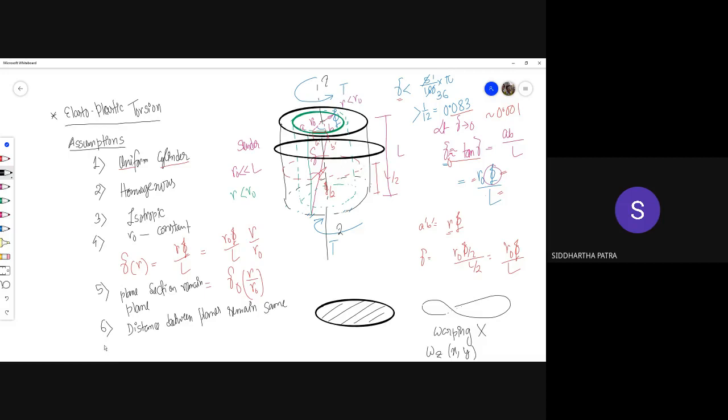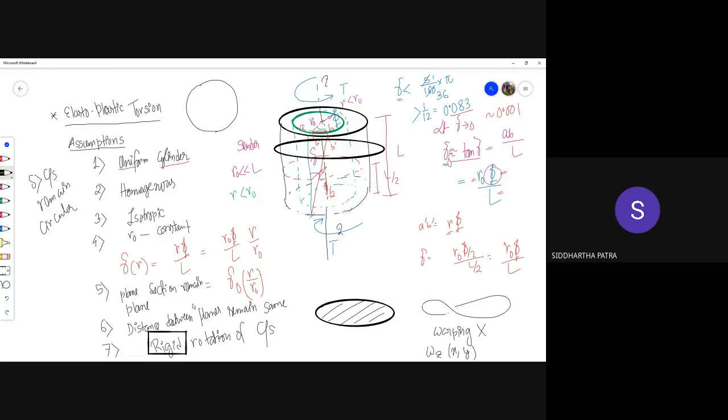And next comes the most important assumption: rigid rotation of cross section. Don't get confused with the term rigid here. One more thing, the cross section remains circular. Not only the plane sections remain plane, the sections also remain circular.